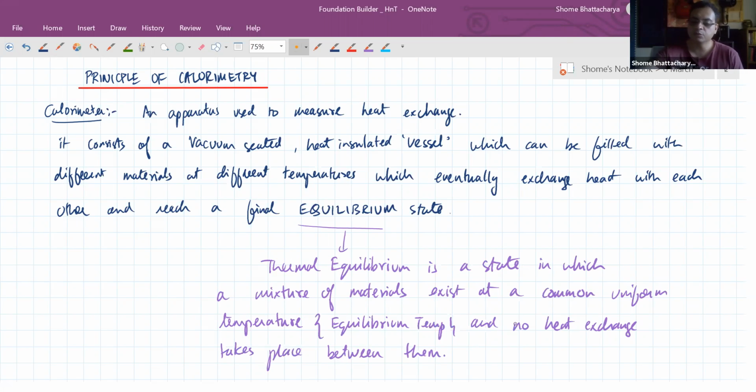Whereas if we have a mixture of materials which are not in the equilibrium state, that means the temperature is not same for all of them or not uniform throughout the mixture, then heat exchange will take place till what happens? Till the equilibrium state is reached. So that is what the principle of calorimetry is all about. And this kind of a heat exchange experiment is carried out in the particular apparatus which is called the calorimeter. So just make a note of this section quickly first, then we'll discuss further.